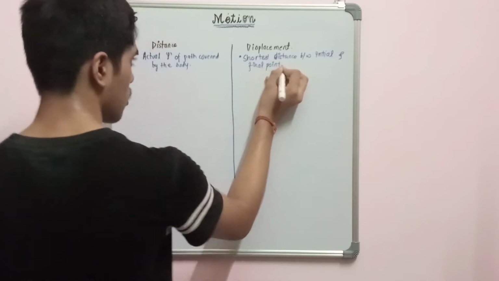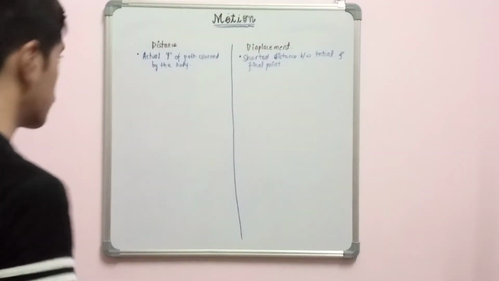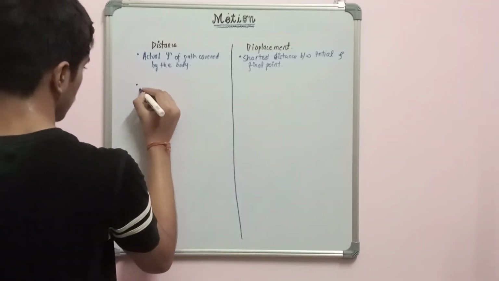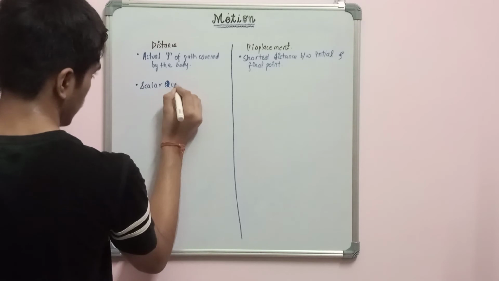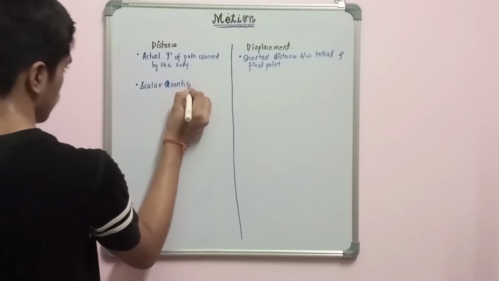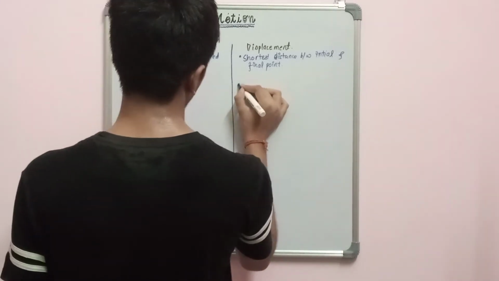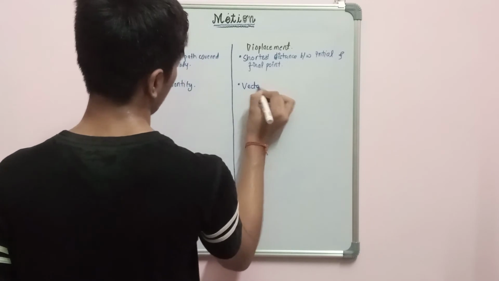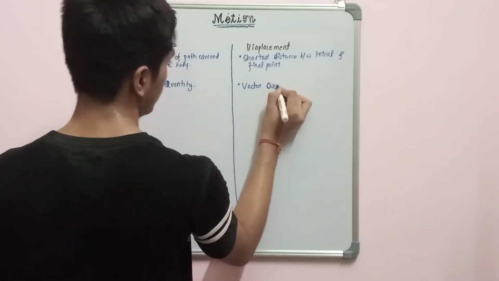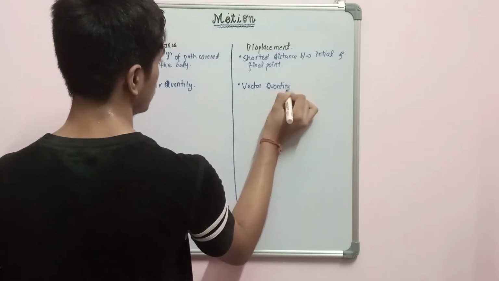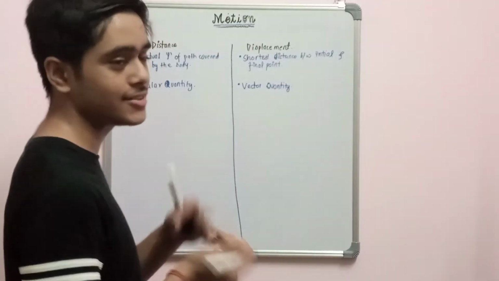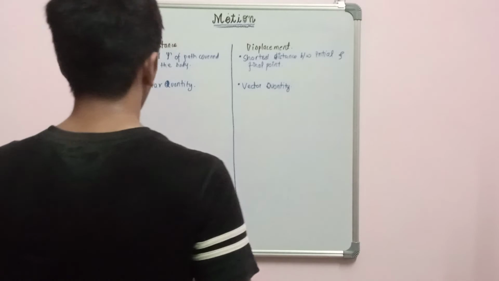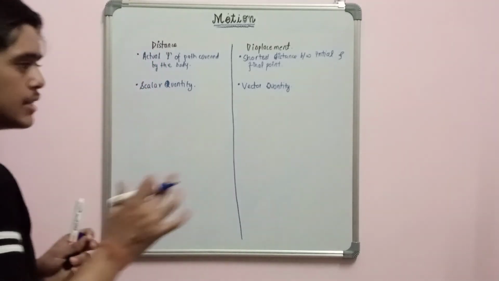The most important point: distance is a scalar quantity. Displacement, on the other hand, is a vector quantity. I have told you that a physical quantity which has magnitude as well as direction is known as a vector quantity. So distance only has a value.